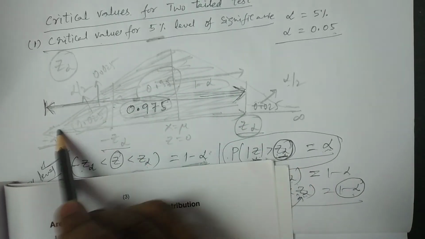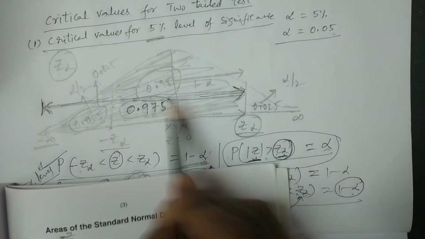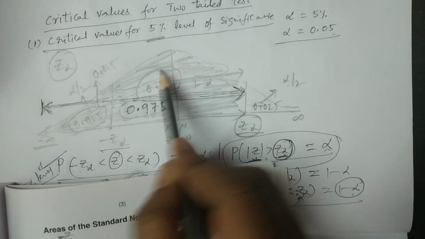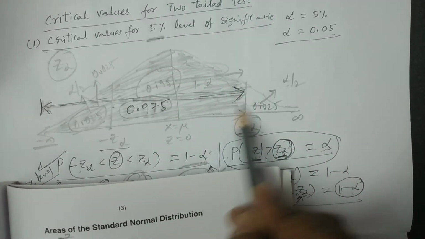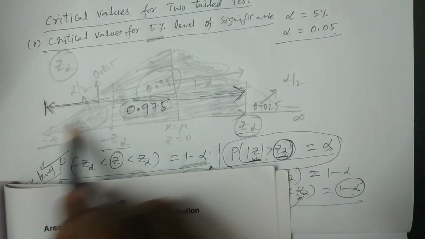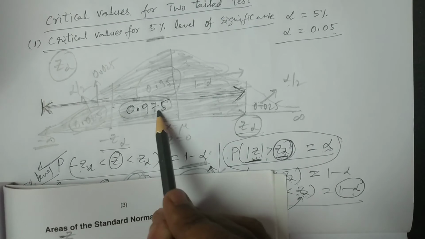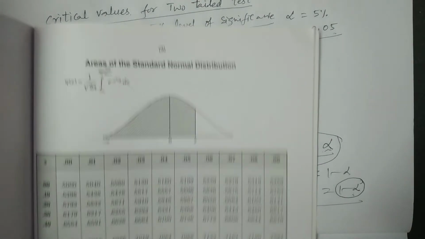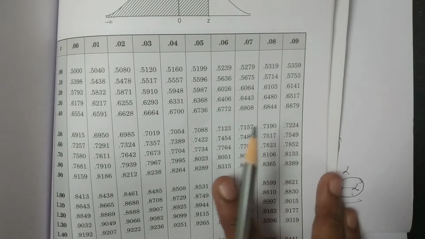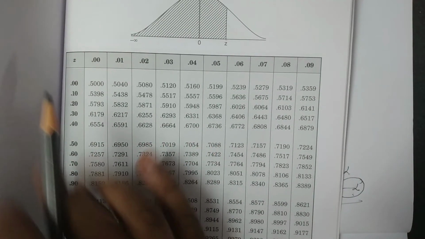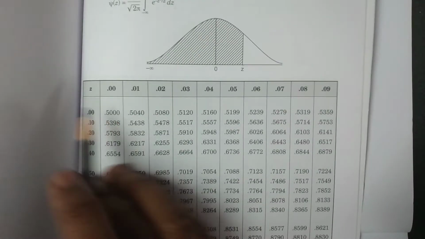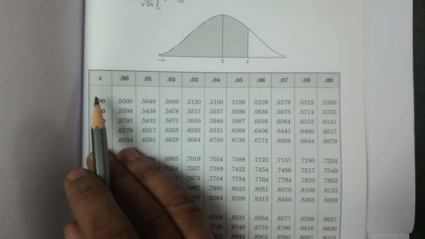I am drawing the total area that is required to calculate. It is going to be observed from the standard normal distribution. What is that? 0.975. So the probability is 0.975. You have to calculate the value of Z. First of all, I tell you how the table is to be understood.